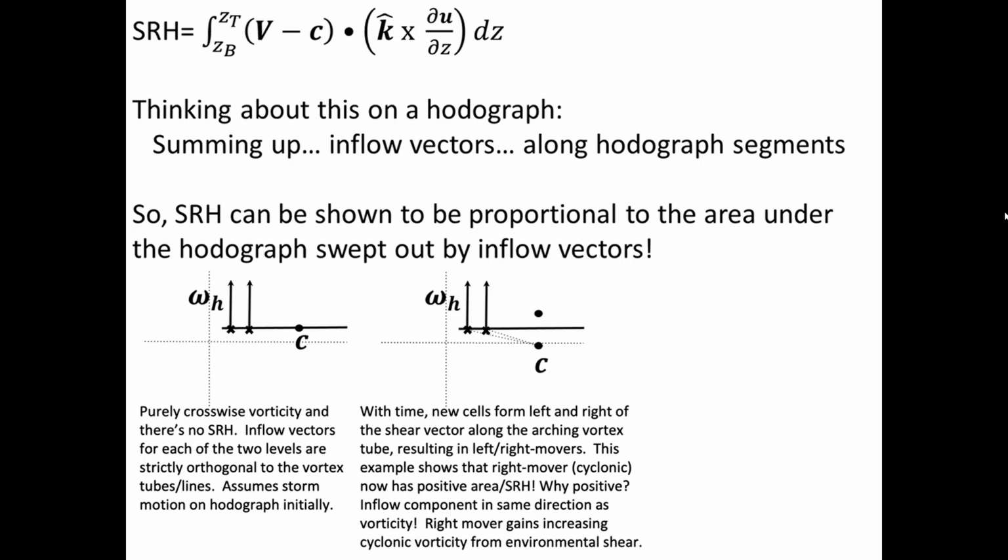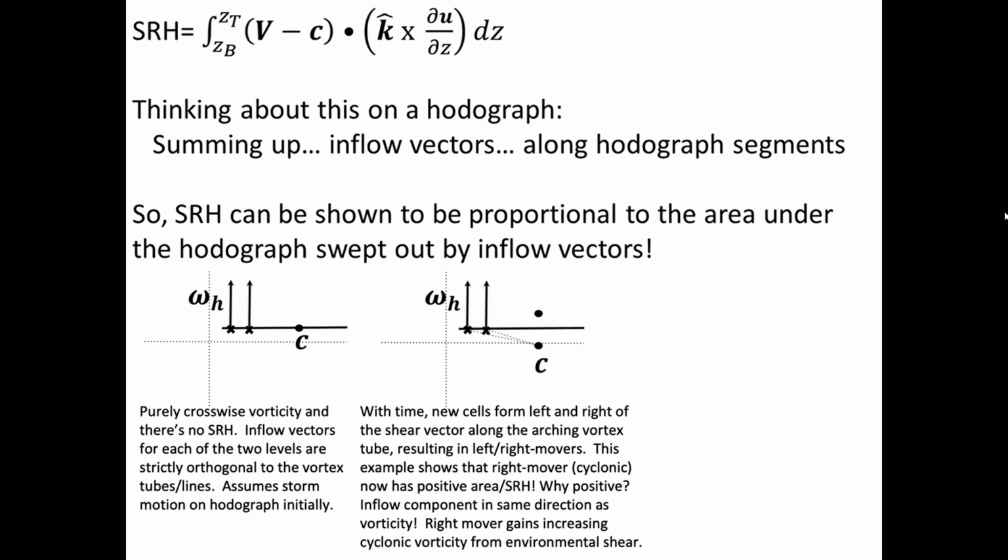And now all of a sudden, we actually compute some area under the hodograph that's determined between that C vector, that storm motion vector resulting from the cell split, and the inflow vectors in the lower part of that hodograph, owing to the deviant motion of that right split off the hodograph at this point now, causing area to be swept out.